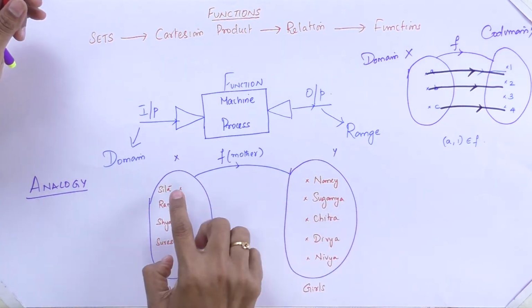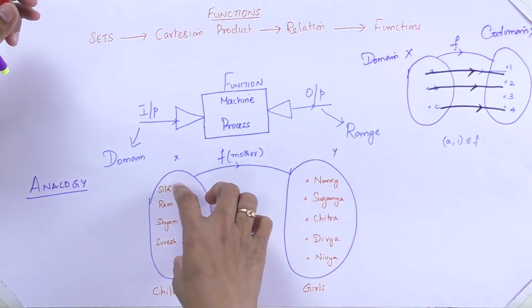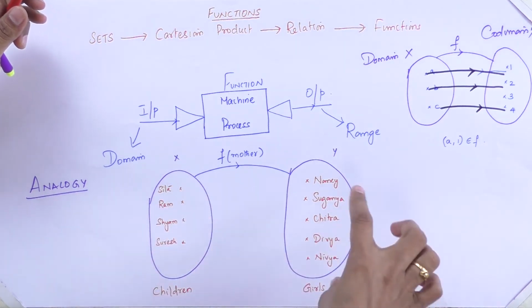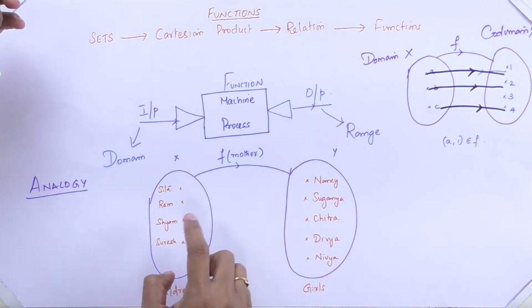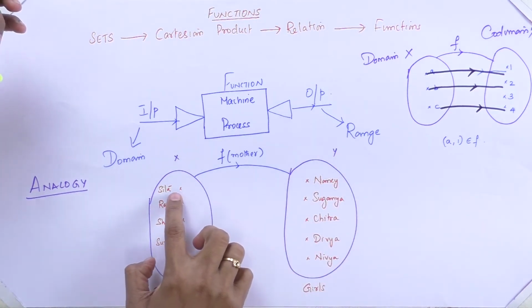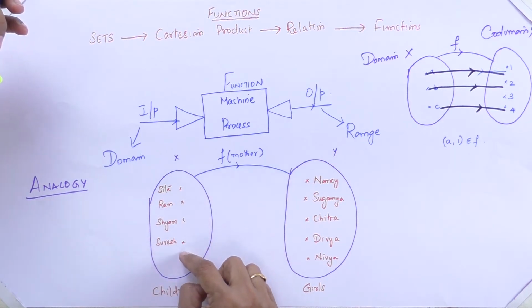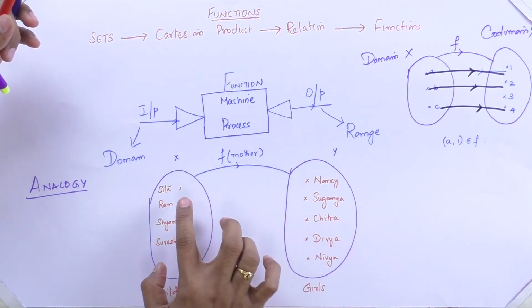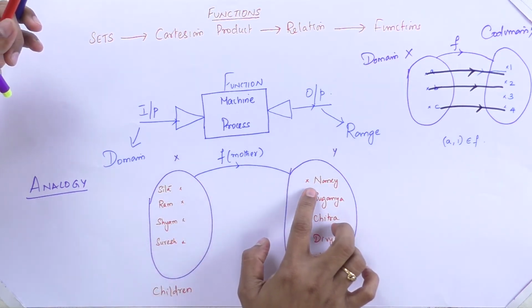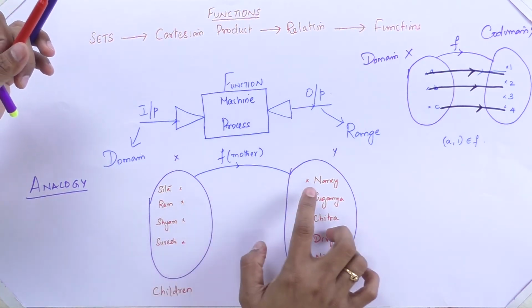Here I have Sita, Ram, Shyam and Suresh as the children in my domain set, and these are all girls in my codomain set. Now Sita, Ram, Shyam, Suresh, since they are children of the mothers here, they have to be mapped. So Sita's mother may be Nancy, Ram's mother may be Suganya, or even Ram's mother may be Nancy.